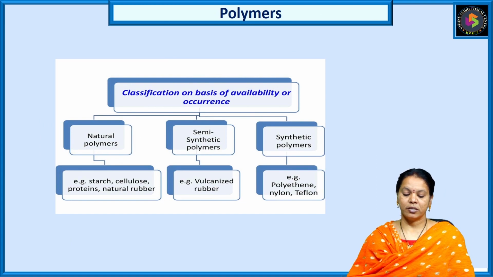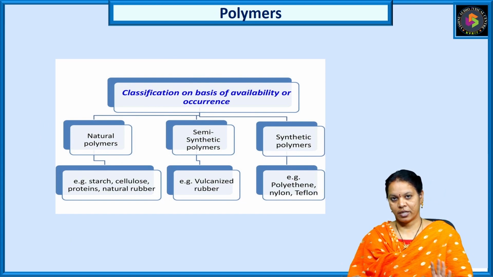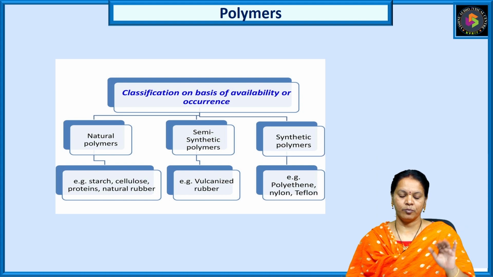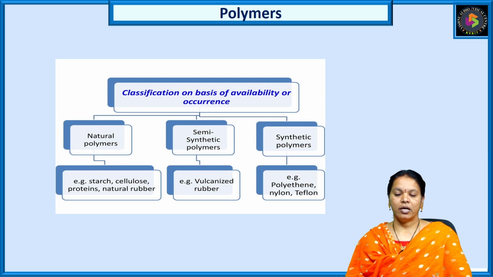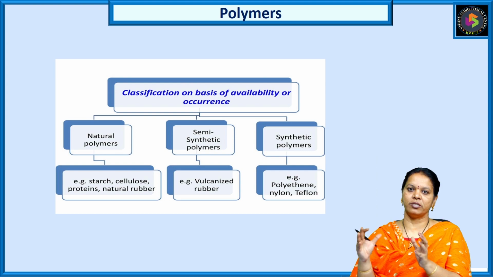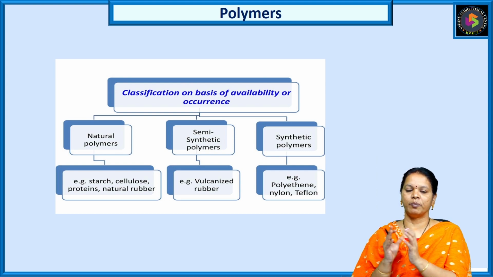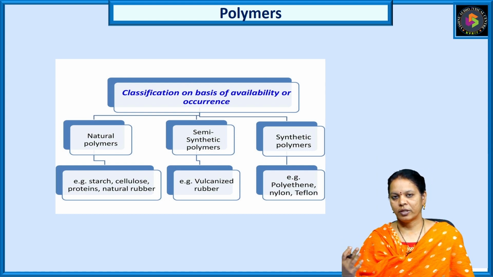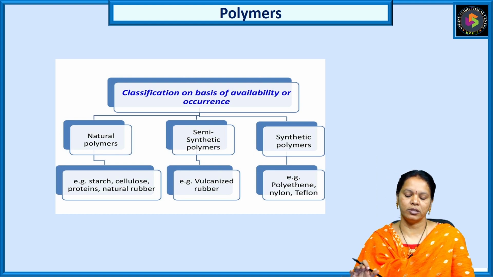Coming to the polymers, we have three basic categories. One is naturally occurring polymers like silk, cotton, starch, cellulose, which we can extract from plants. The other is synthetic polymers, where we polymerize different elements and prepare a polymer for our application. Teflon and nylon are examples.